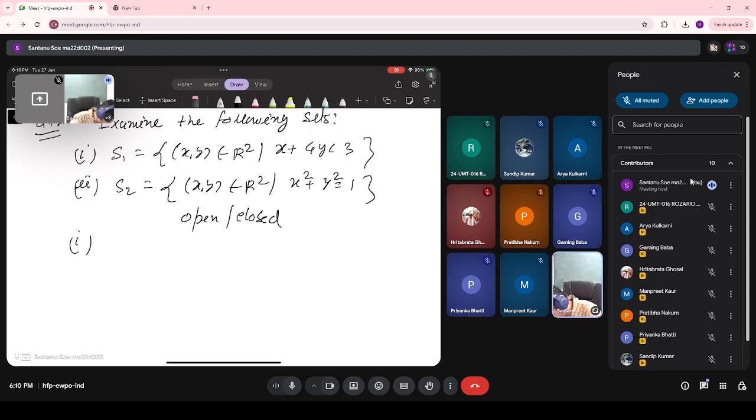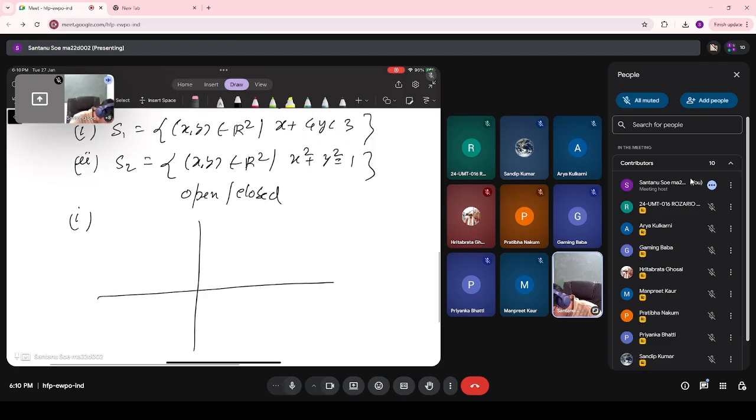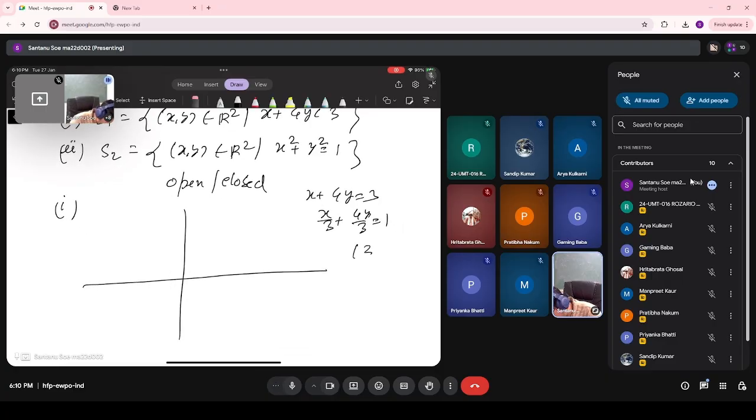So for example, if this is the R2 plane, then x plus 4y equals to 3 is nothing but x by 3 plus 4y by 3 equals to 1, right? So that means the intersecting points are (3, 0) and (0, 3/4). So this will be around 3 comma 0 and this will be around 3 by 4. So this will be like this.